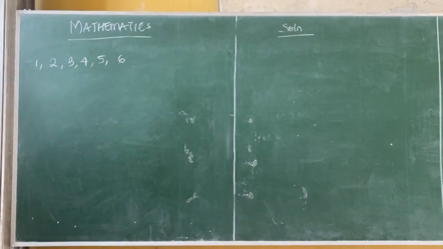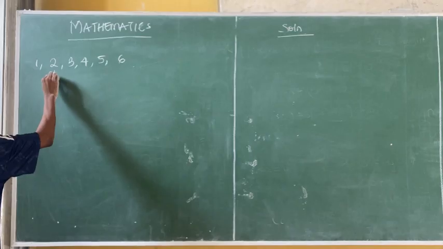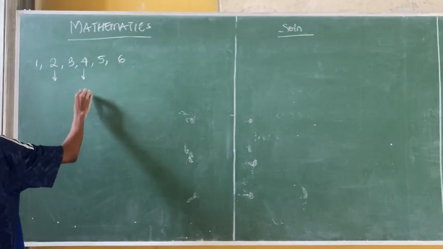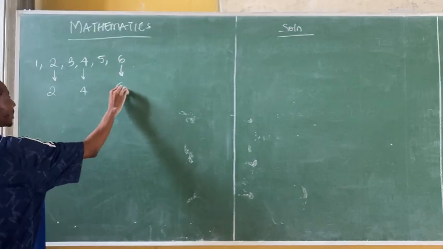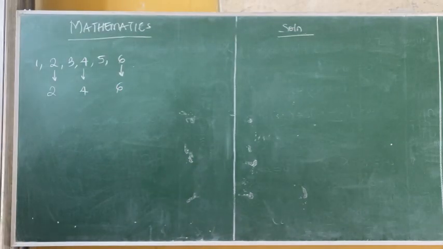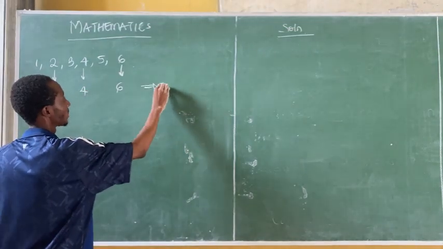Now they say, what is the probability of getting an even number? Among these numbers here, which of them are even? We have 2, 4, and 6. They are all even numbers. If you count these numbers, you have 1, 2, and 3. So they have 3 even numbers here.